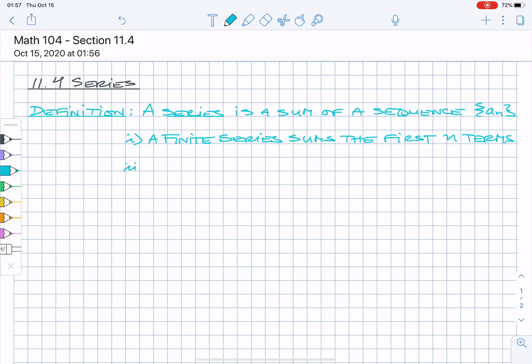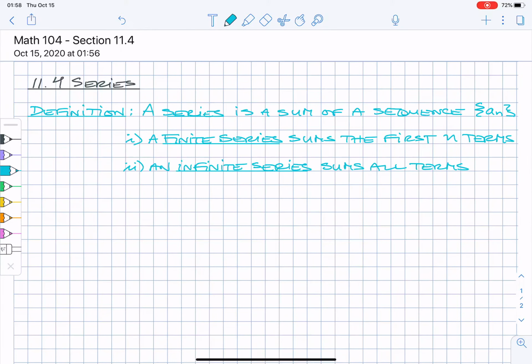Number two, an infinite series. An infinite series sums all terms.